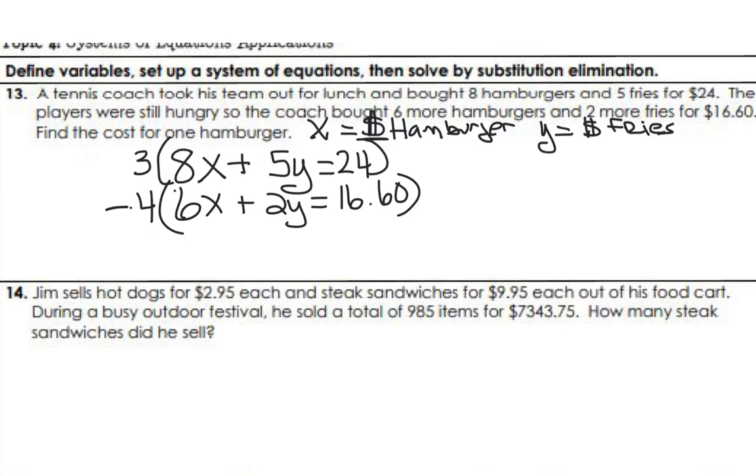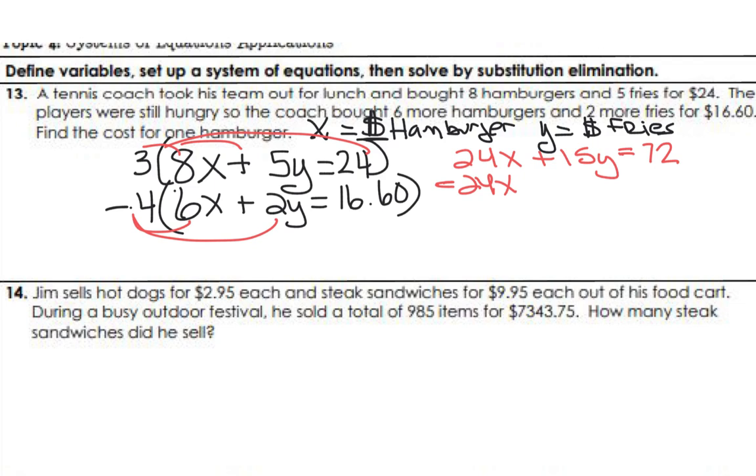Okay? So my new equations, when I distribute these out, 3 times 8 is 24x plus 15y. And remember to distribute it everywhere. So that's what, 72? And then that'll be negative 24x minus 8y.